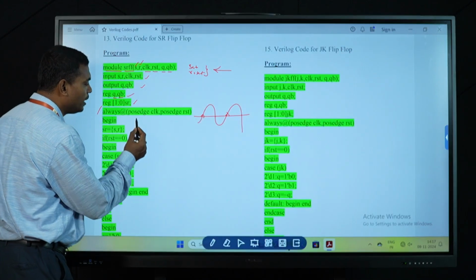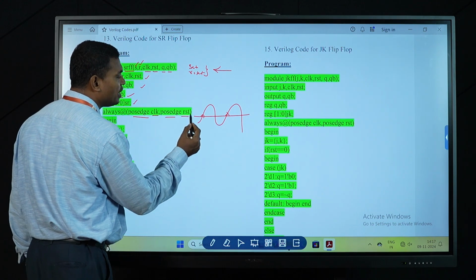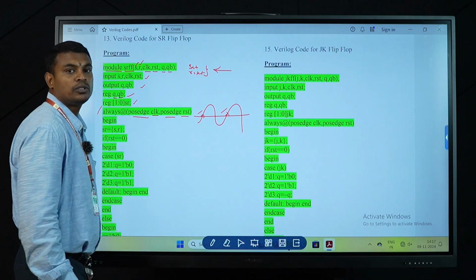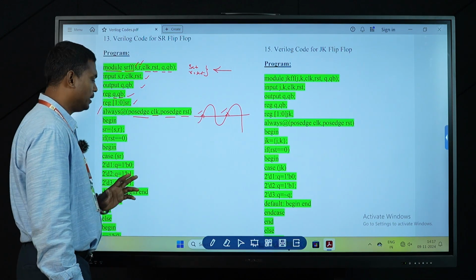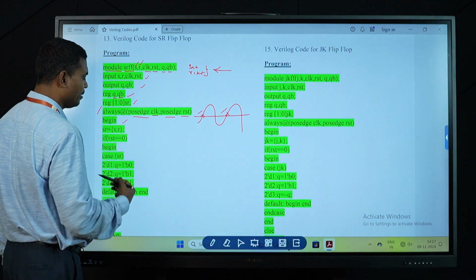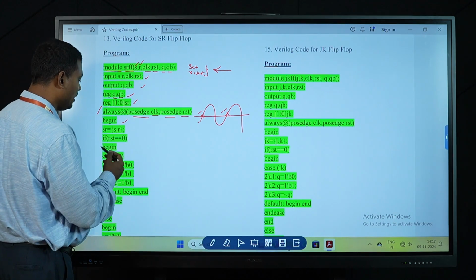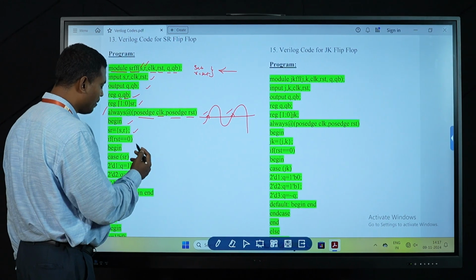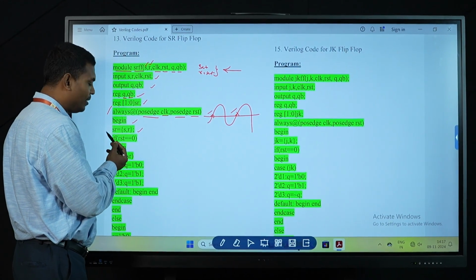That's the reason it is called positive edge clock or positive edge reset. Whenever the positive edge begins, I switch on my flip-flop operation. Begin means I am starting my operation, that is SR equals S comma R, meaning based on my S and R values I give those values as input.